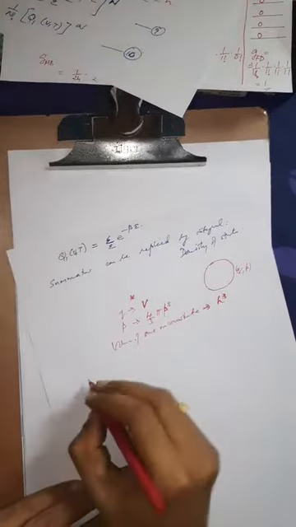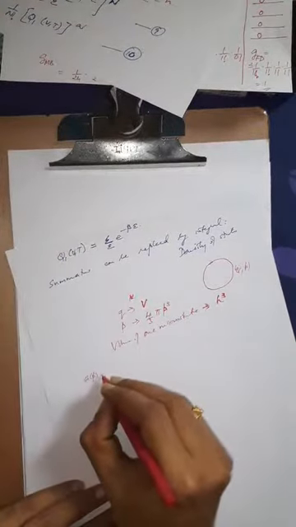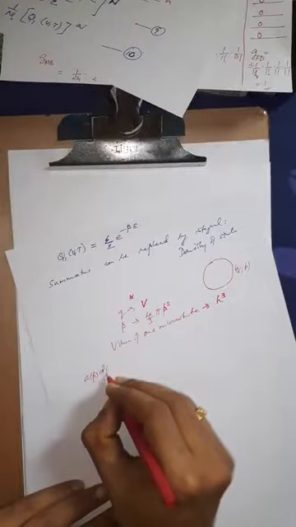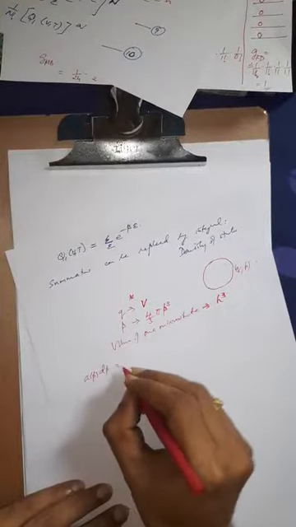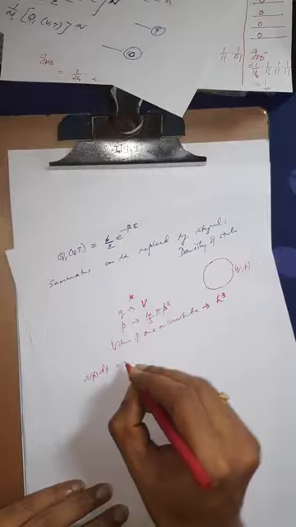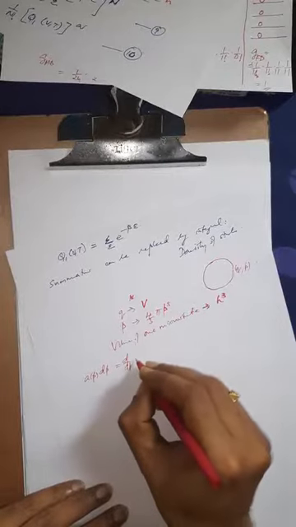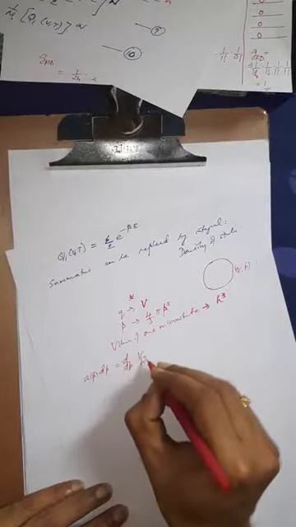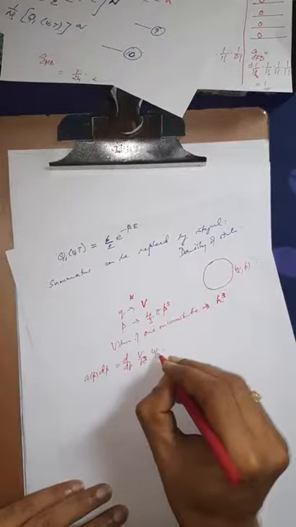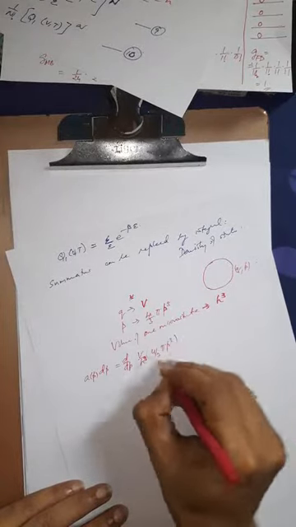So I can write the density of states in the momentum space as A(P) dP equal to d by dP of V by h cube into 4 by 3 pi P cube.